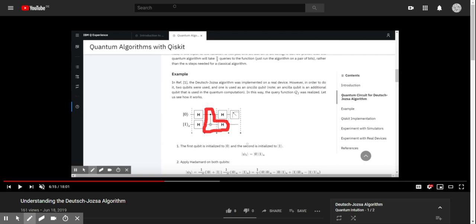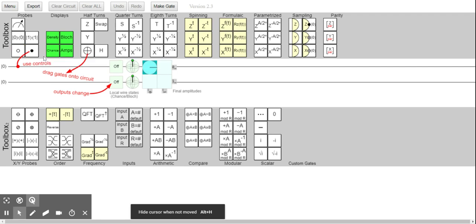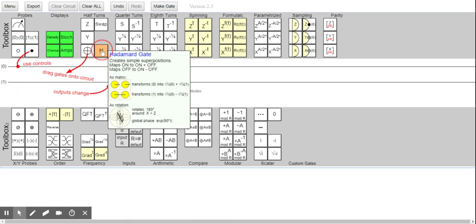Because that basically means... Let me go to Quirk quickly. So basically, this is initialized to 1.